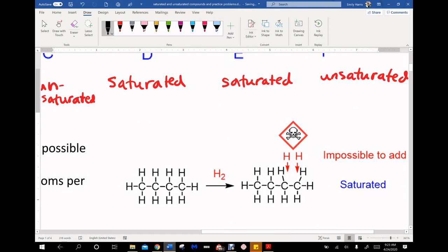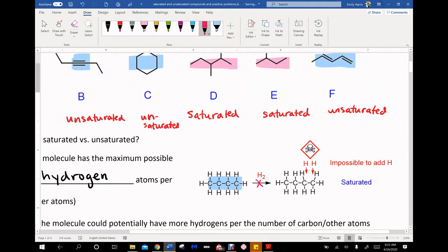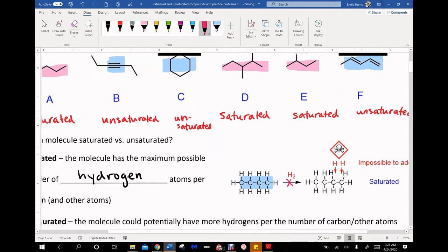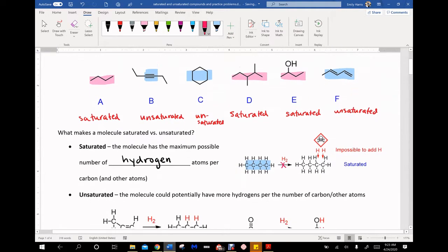Due to all of its single bonds, every carbon has a complete fullness of hydrogens, if you will. And so there's no room to add any more hydrogens. If we did, that would make carbon have 5 bonds, which is a big no-no, since it only needs 4 bonds to fulfill its octet.